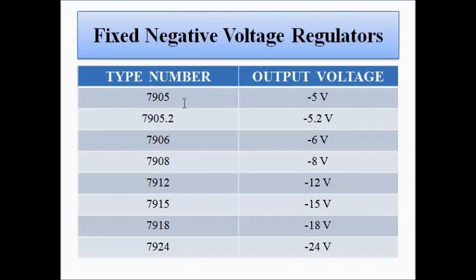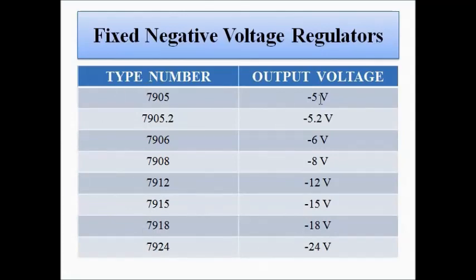So we have 7905, which means negative 5 volt, 7905.2, which denotes negative 5.2 volt, 7906, which is minus 6 volt, 7908, which is minus 8 volt, 7912, which is minus 12 volt, 7915, which is minus 15 volt, 7918, which is minus 18 volt, and 7924, which means minus 24 volt.